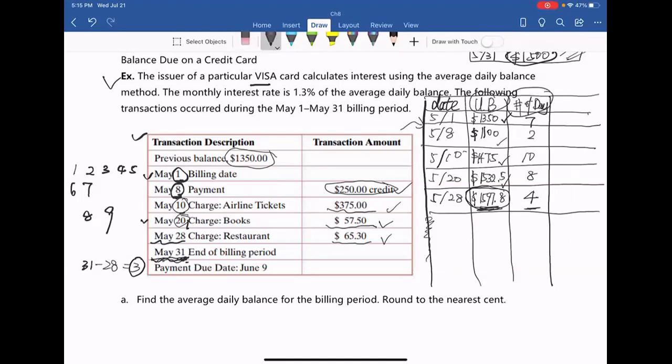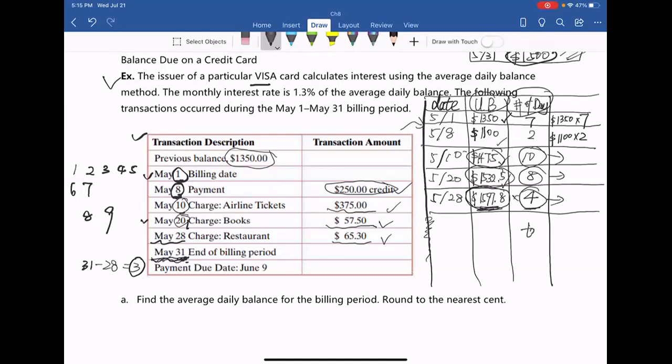So I got 1350 times 7. Next one is 1100 times 2. And next, I do the multiplication of these two, and then these two here, these two here.